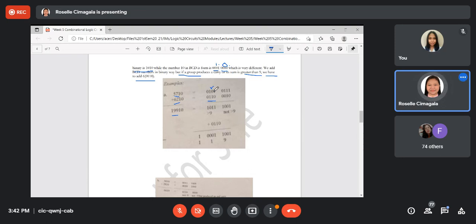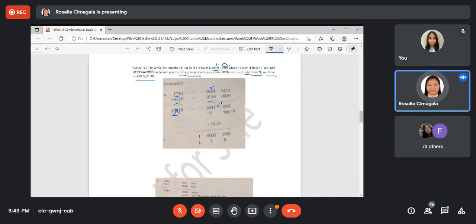And then we add 5 and 6, the answer is 11, which is greater than 9, so we add 6 to that digit and the answer will carry. Sorry guys, it's not 199, it's 119. That answer was wrong.